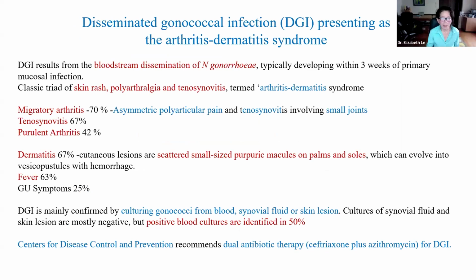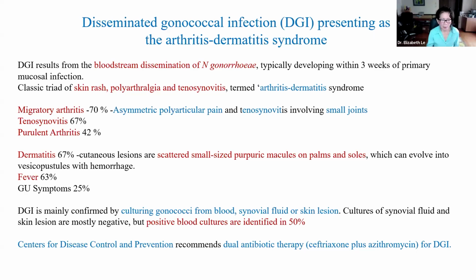The classic triad is skin rash, polyarthralgia, and tenosynovitis, termed arthritis-dermatitis. 70% have migratory arthritis, asymmetric polyarticular pain, and tenosynovitis in small joints. 67% have tenosynovitis and 40% have purulent arthritis. We have to be careful because it can be a problem if that ankle becomes a purulent arthritis.